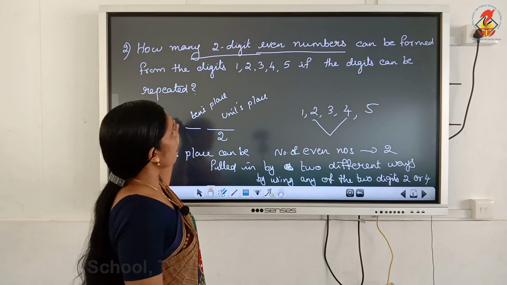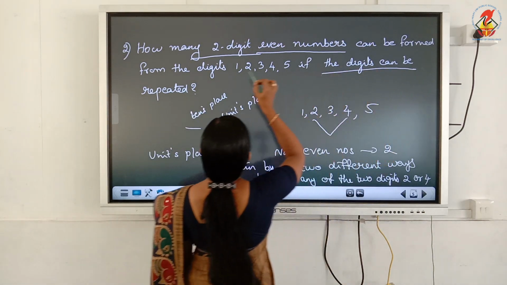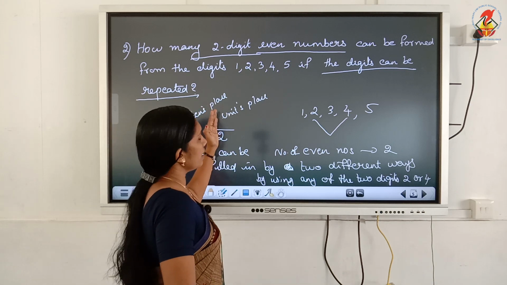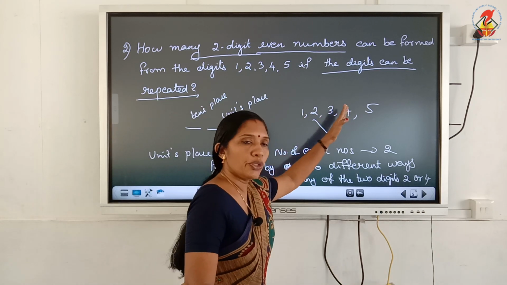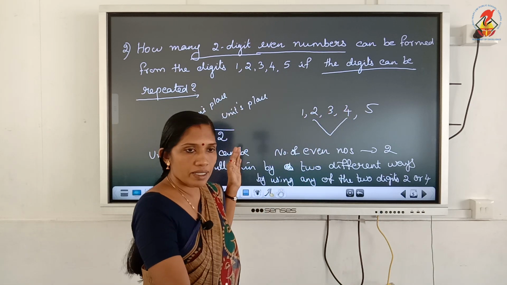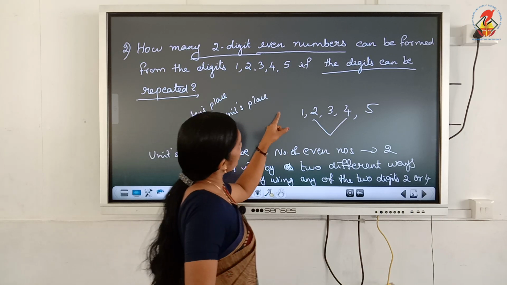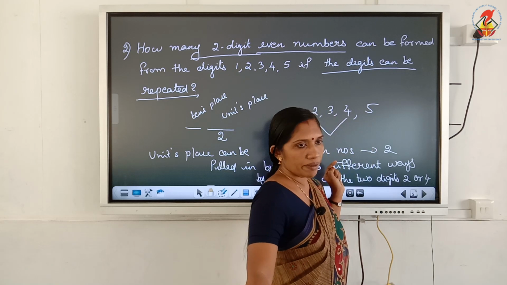Now, what about the tens place? Digits can be repeated. Okay. So, whatever is in the last place, if it is 4, you can again use 4 since digits can be repeated. So, in the tens place, we can use any of these 5 digits.